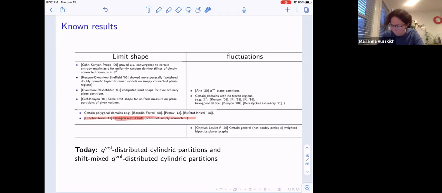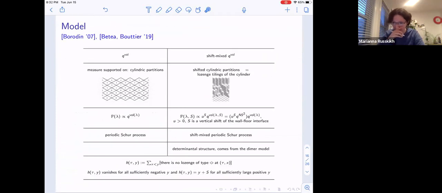Okay. And now let me finally define the model, which was introduced by Alexei Borodin and also studied by Dan and Jeremy. We have two setups, the q to the volume measure and the shift mixed q to the volume measure.